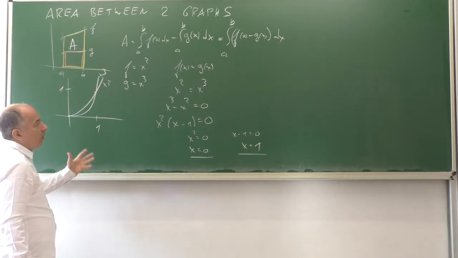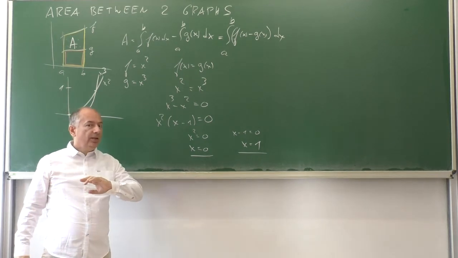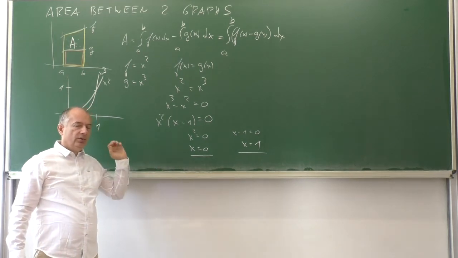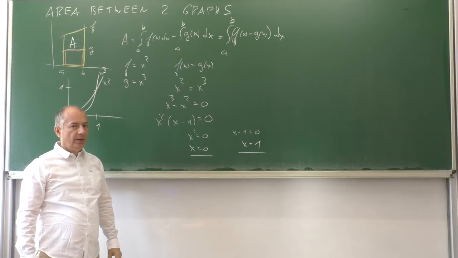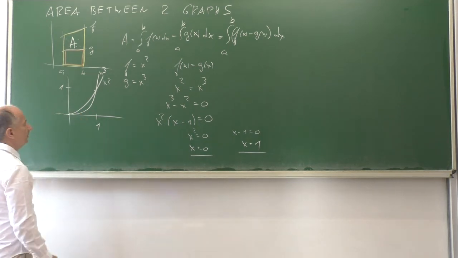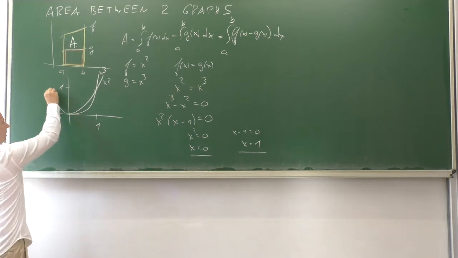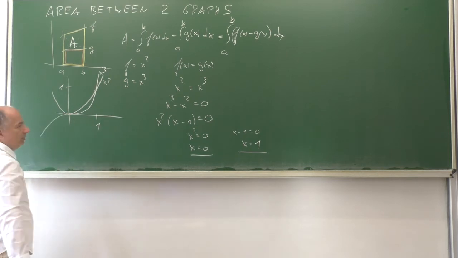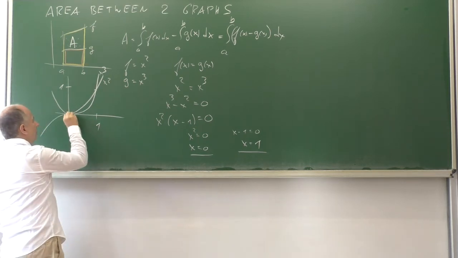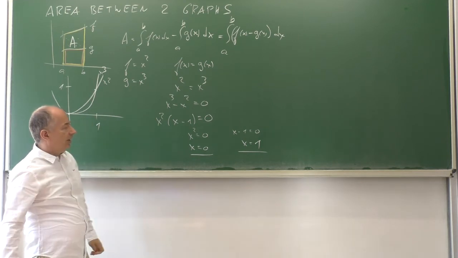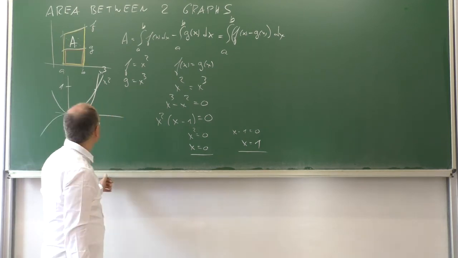Perhaps someone might suggest that they intersect also on the left in some negative x. Do they? No, they don't, because x squared goes up and x cubed goes down. No more intersections. So we have only these two, exactly these two intersections.